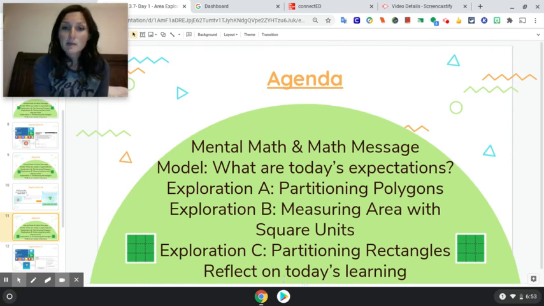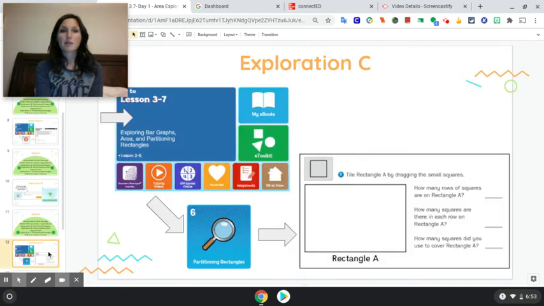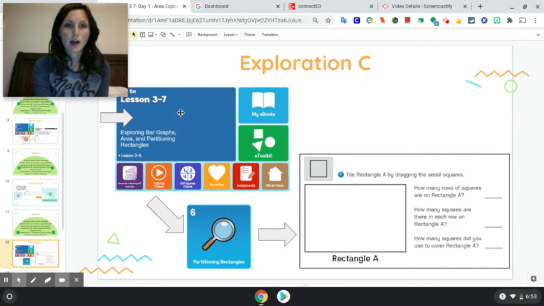Then you're going to do exploration C, where you're going to partition rectangles. Here we're partitioning polygons, where we have to make multiple rectangles. This one, you're just looking at one rectangle. And this is back on our 3.7. Again, you'll be here on the big blue rectangle. You'll click it. You'll find number 6 this time, where it says partition rectangles, and it will look like this.